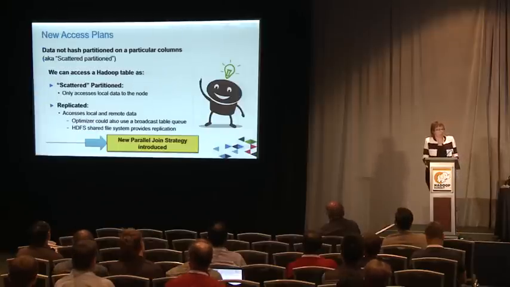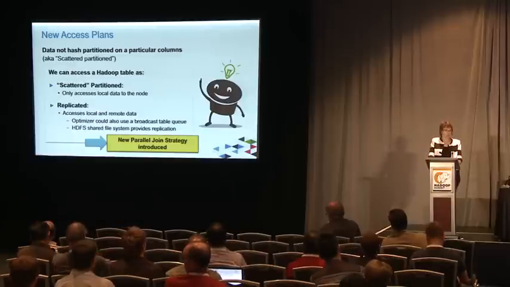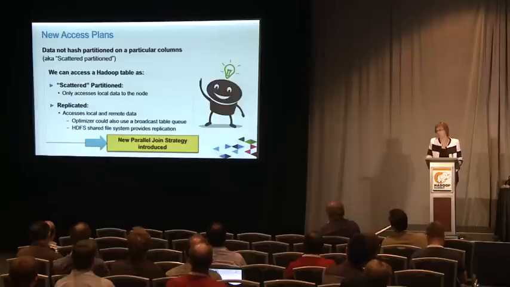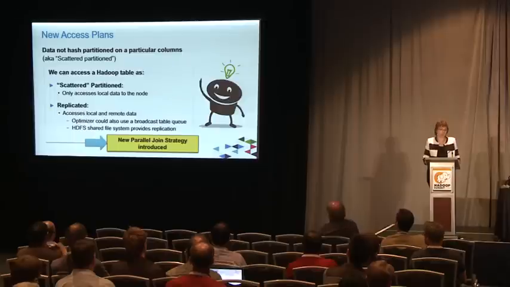Again, talking about opportunities. One of the challenges was that data is not hash partitioned. So for joins, where you need to collocate data in order to perform a join, that is a challenge. But on the other hand, what we found is that in Hadoop, you have two ways to actually look at the table. One is scatter partition, which means that you only access the data that is local to your node.